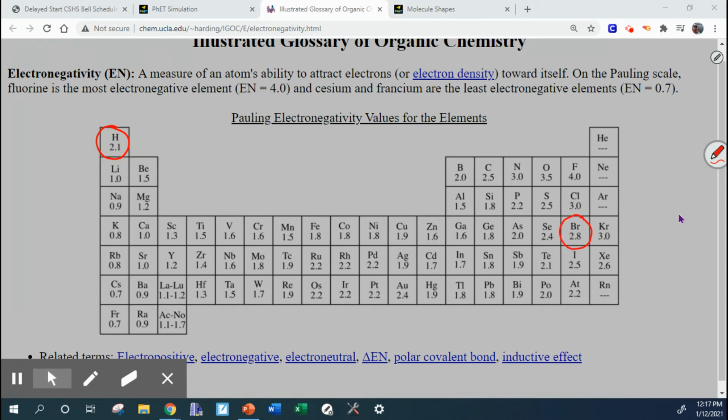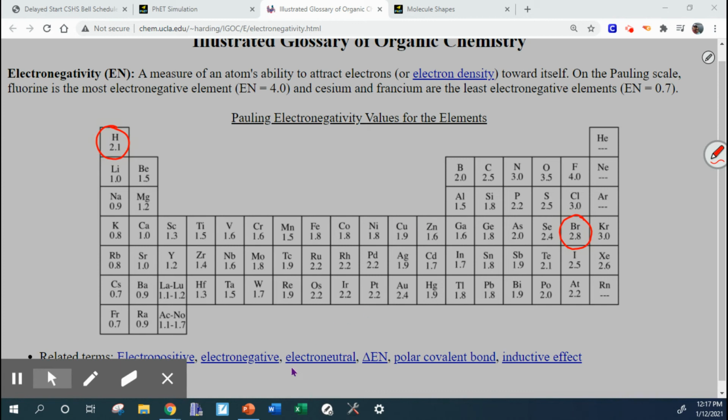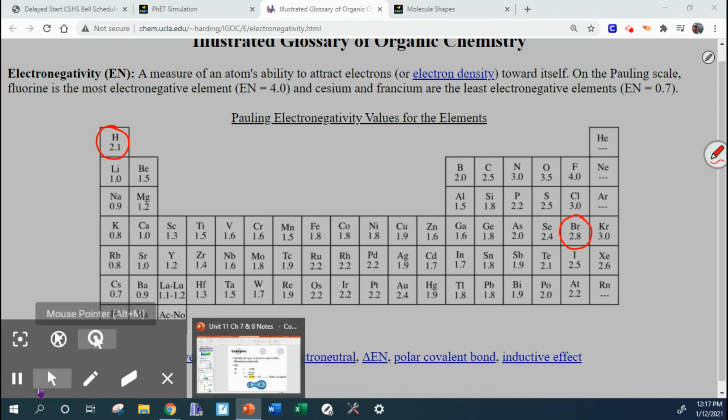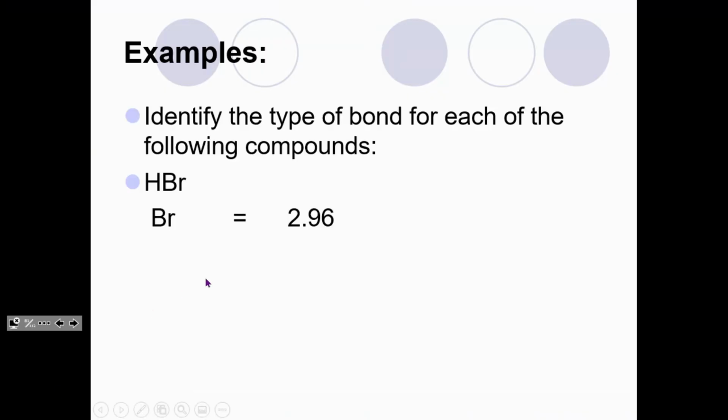I'm going to find those two on my table, and what I'm going to be doing is a subtraction. So I'm going to head back to the PowerPoint. This is the table that we're using to get these values. On the table, you're going to get a value for bromine around 2.96, and for hydrogen, about 2.20. What we want to do is take the difference.